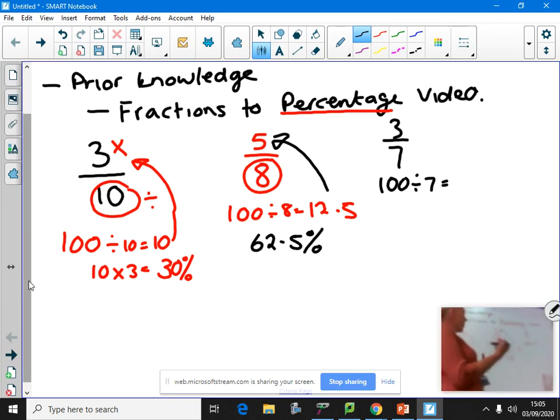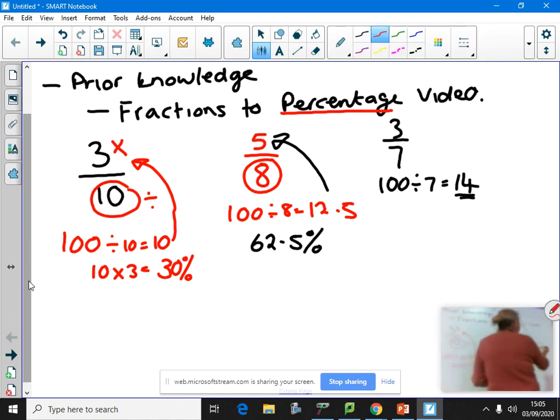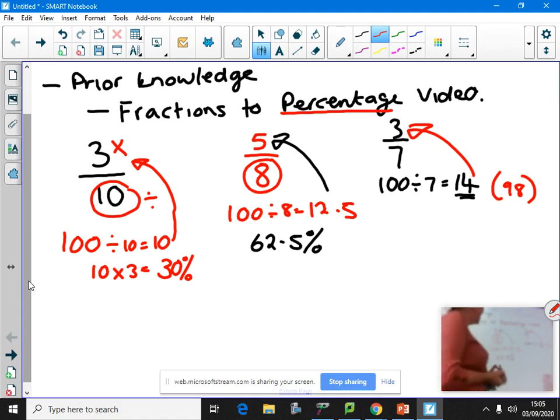So there's approximately 14, and that equals 98. Okay, so then we times 14 by the top, which will give us 42, approximately percent.